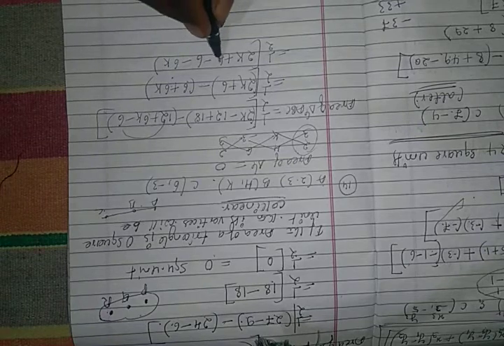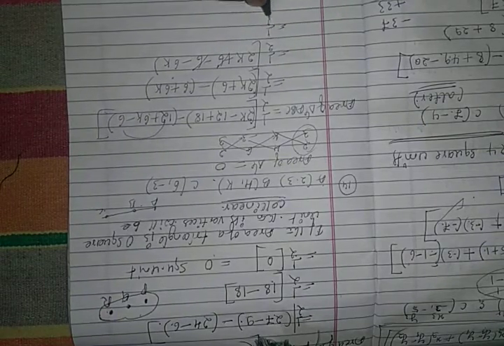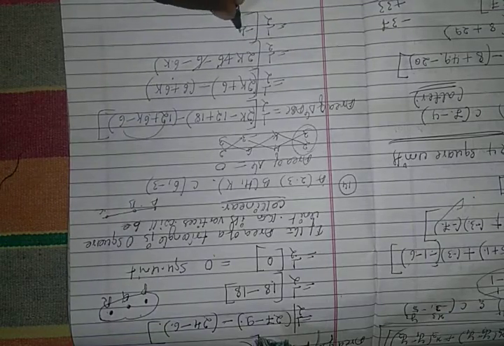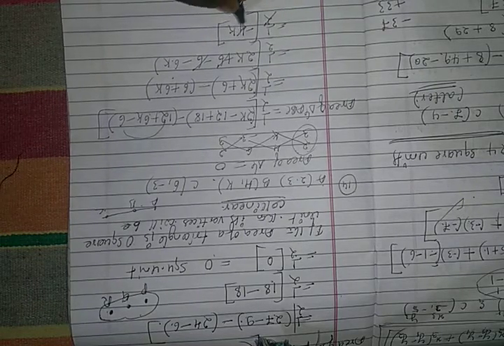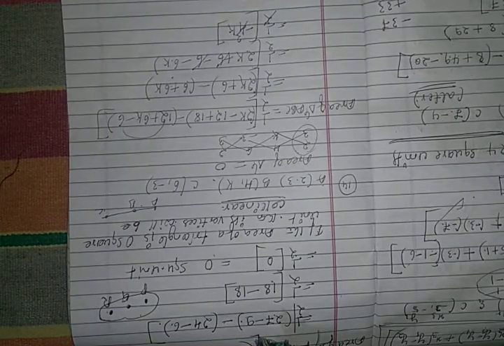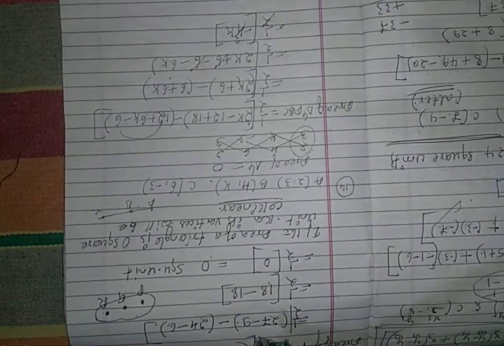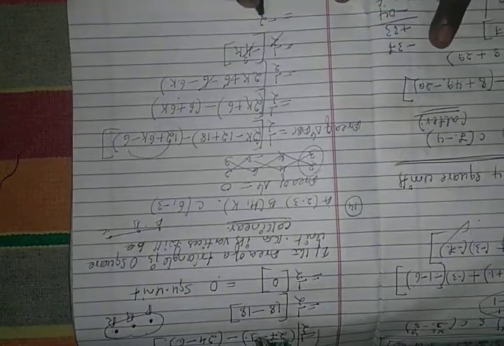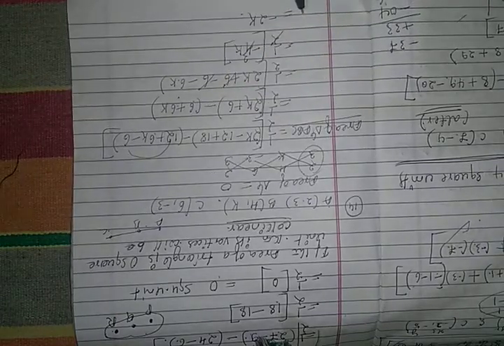So plus 6 and -6 get cancelled. Here it is equal to half into 2K minus 6K, which is -4K. So 2 ones are 2, 2 twos are 4. Therefore it is equal to -2K.